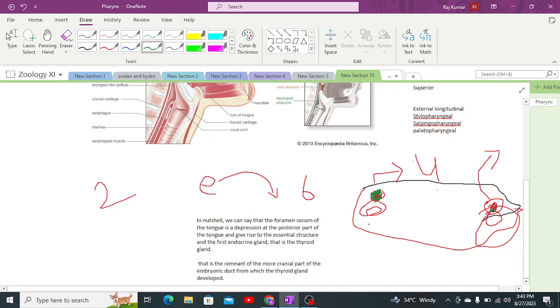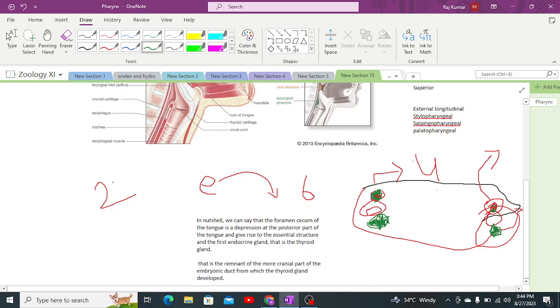Apart from which, a tonsil which is present on the downward side of the eustachian tube inside the Waldeyer's ring, in paired form, is known as the palatine tonsil.